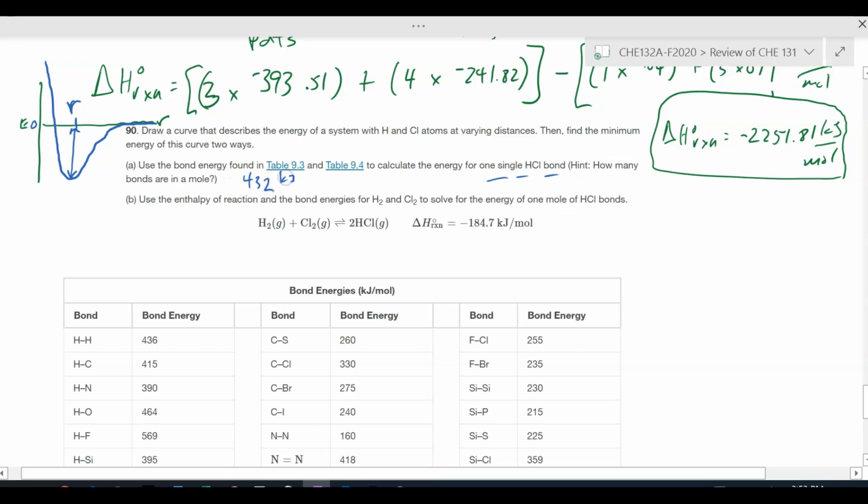So 432 kilojoules per mole, and then we multiply that by 1 mole divided by Avogadro's number. I'll call it bonds in this case since it's asking us per bond. So we have 432 divided by 6.02 times 10 to the 23.